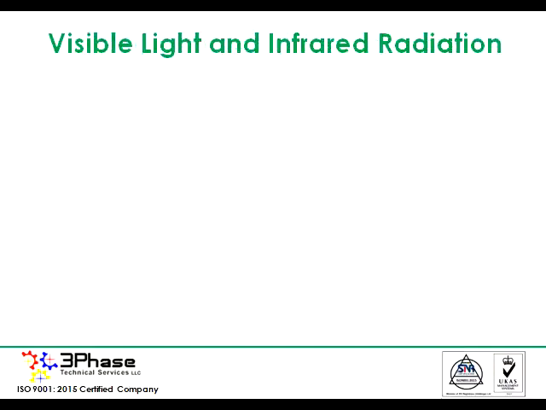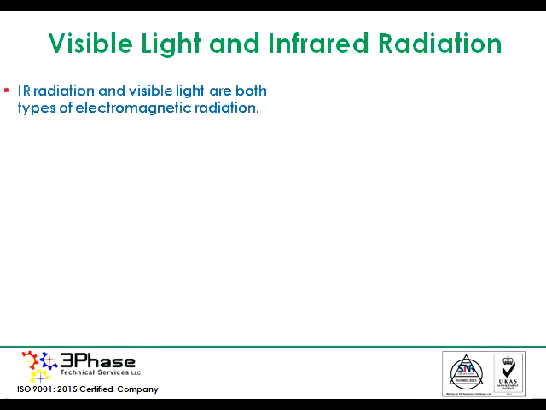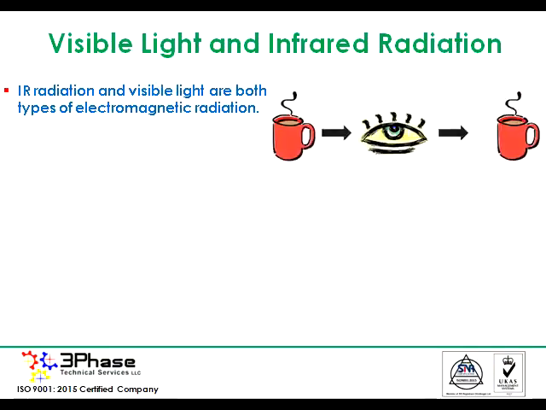Visible light and infrared radiation. Infrared radiation and visible light are both types of electromagnetic radiation. Visible wavelengths are 0.4 to 0.7 micrometer.